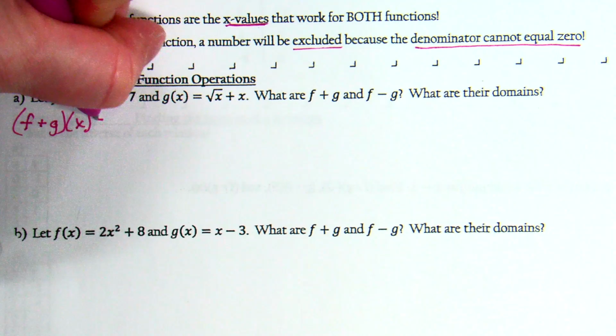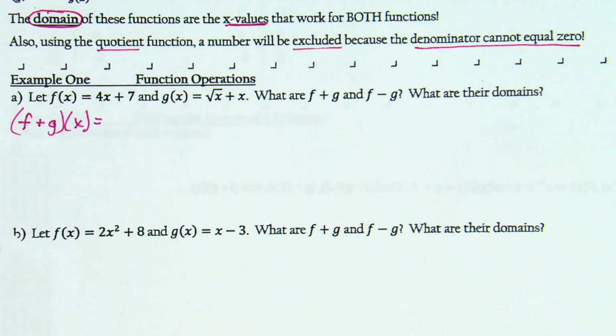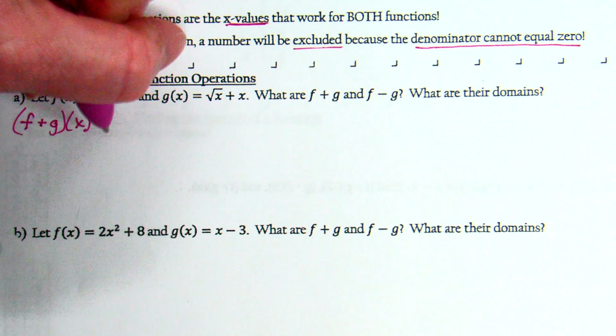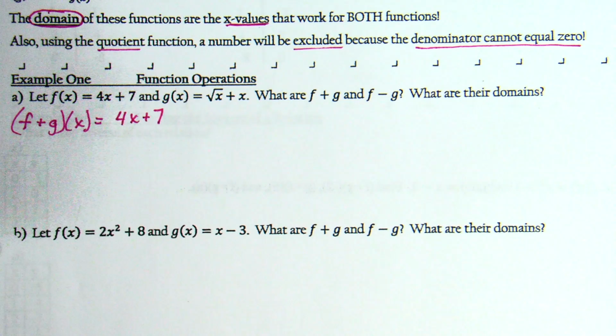Okay. In order to find f plus g of x, what's that mean I'm doing? I'm taking the 2 functions and adding them. I'm going to do f of x plus g of x, which what is f of x? 4x plus 7 plus g of x, which is square root of x plus x.